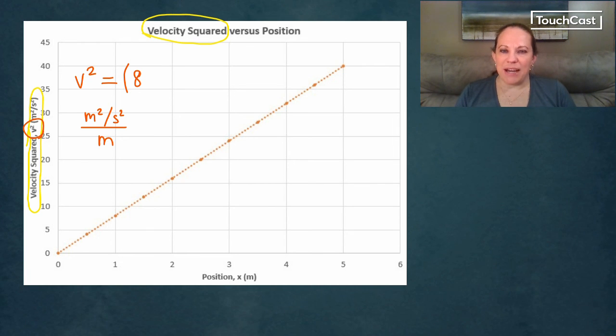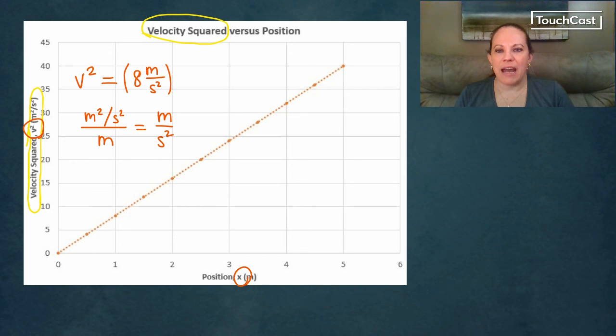And that looks a little strange. Meters squared per second squared for every meter is easier to interpret, but it does look prettier when we cancel out 1 power of meters and are left with just meters per second squared. So we'll put that in our model, 8 meters for every second squared.